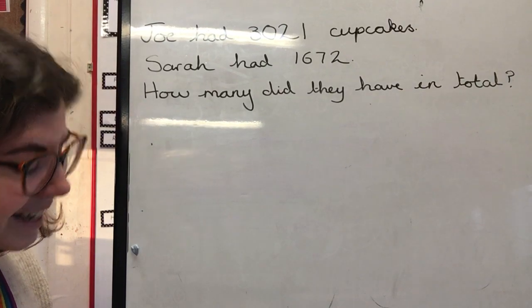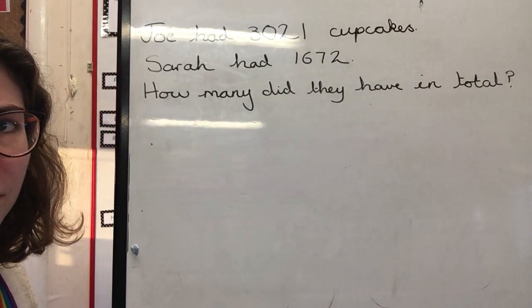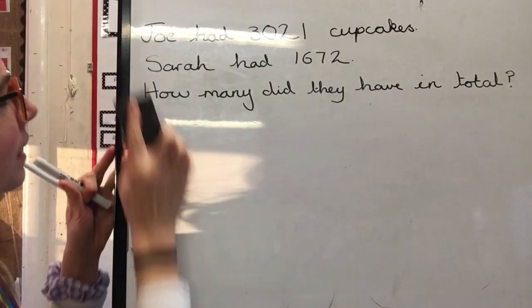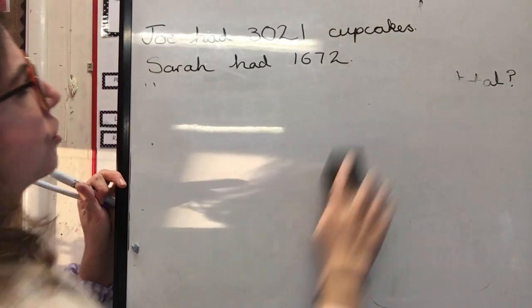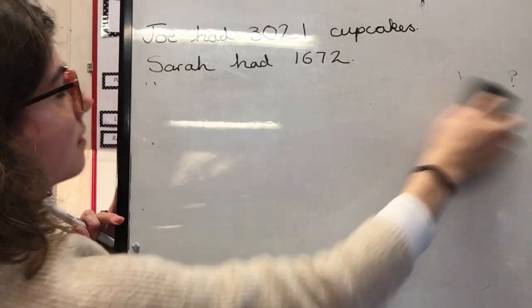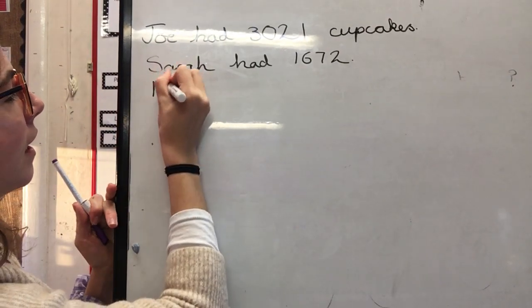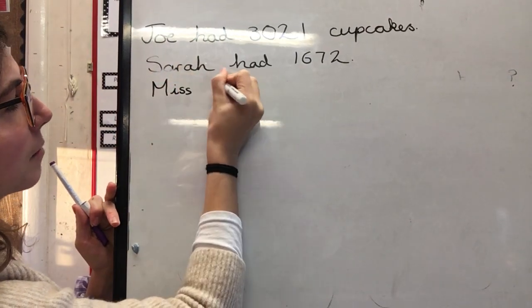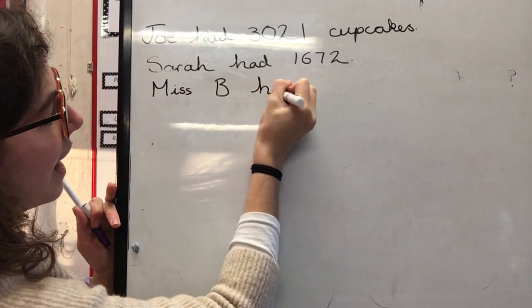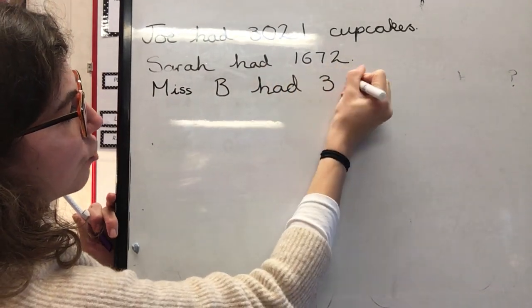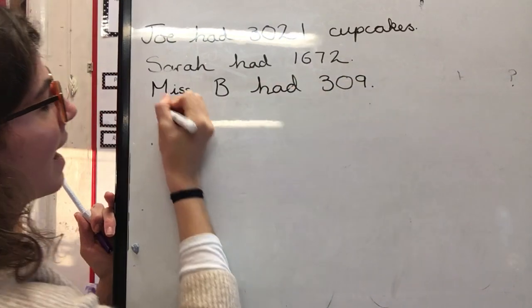So I can add some details to this word problem. Joe had 3,021 cupcakes. Sarah had 1,672. And Miss Buckman had 309.